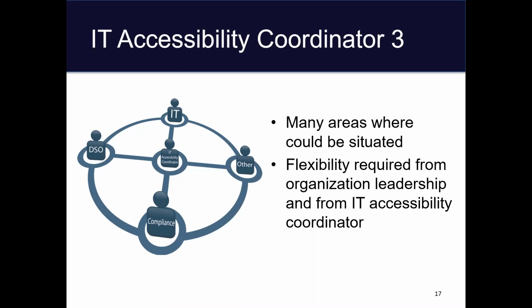And then because this was a new position for UConn, a lot of flexibility was required both from the university leadership and from me. So frequent input from ITS leadership and from stakeholders around campus has really helped shape priorities, our accessibility timeline, and expectations. So in return, I incorporate as many priorities and adjust our timeline as necessary.